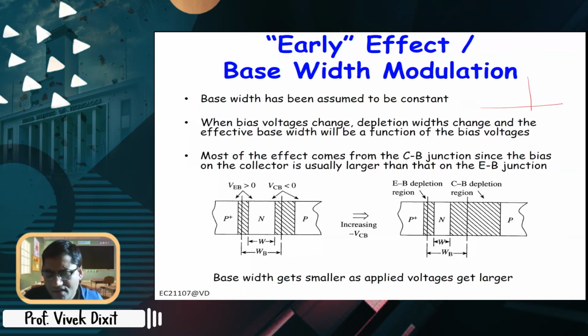You might recall from basic electronics or introduction to electronics, you have this IC versus VCE curve, and when you try to extrapolate this linear region, they join at a certain point, and we call that point the early voltage VA.